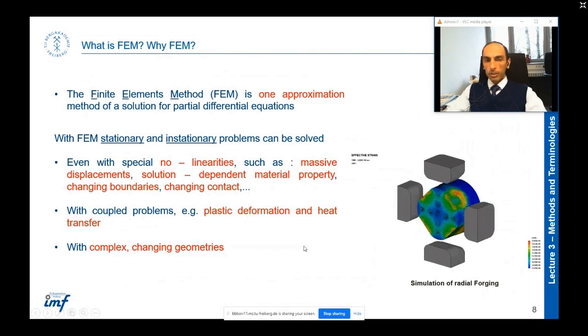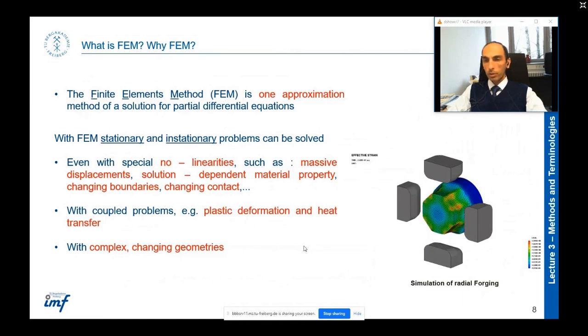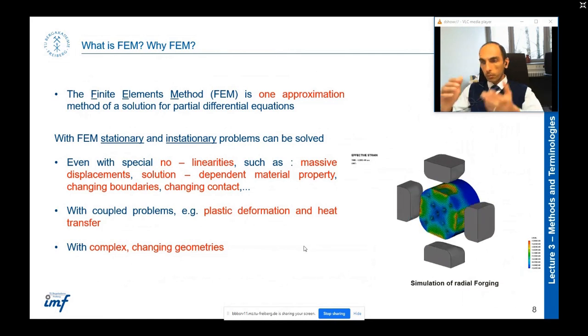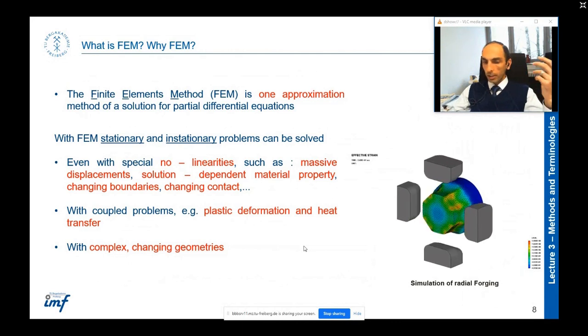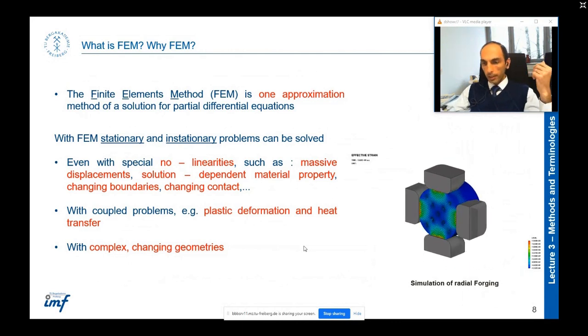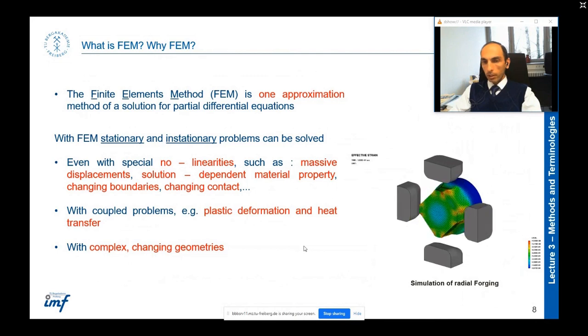Another opportunity FEM gives is that we can couple the problems. Imagine that you have a hot deformation process. So you have deformation and you have heat transfer together. If you want to solve such a problem analytically, it's not easy because you should solve the heat transfer equation and, on the other side, the deformation and mechanical equilibrium equations.